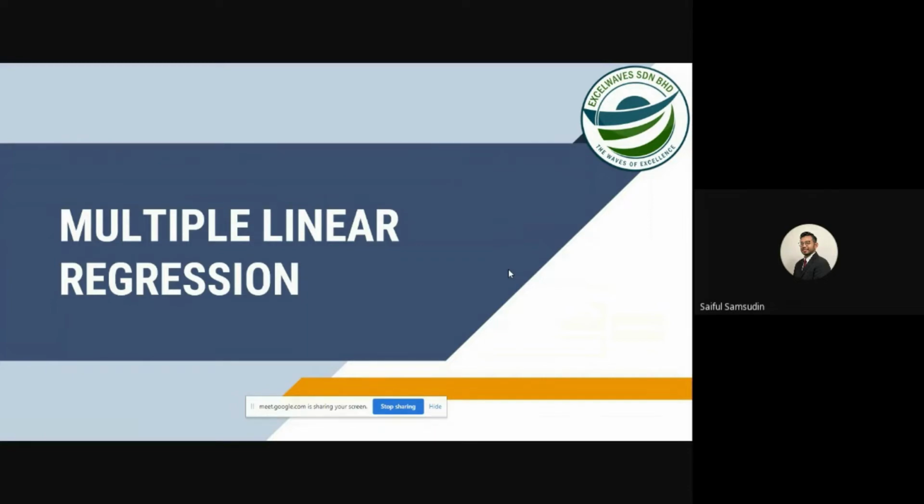Have you already used the regression method, or is this your first time? Okay, we have background about regression, but not about the second part, multiple. Yes, artificial neural network, right? Yes, correct.